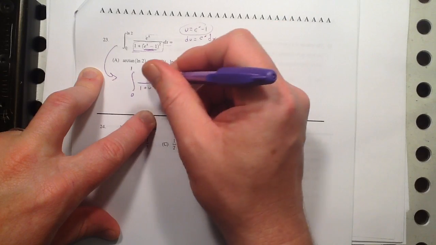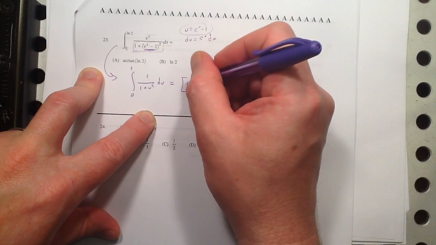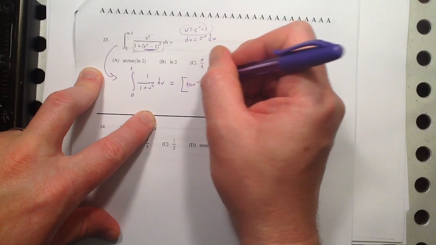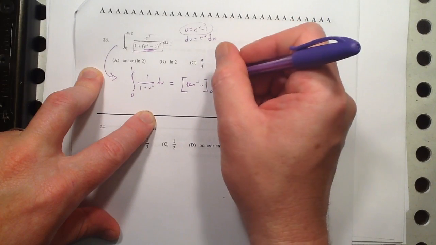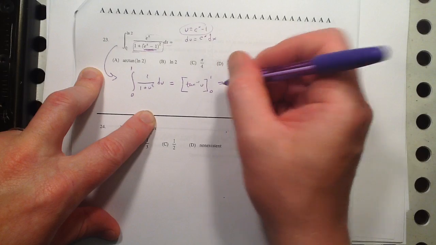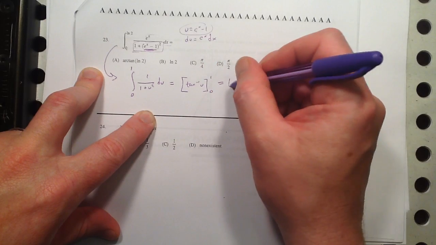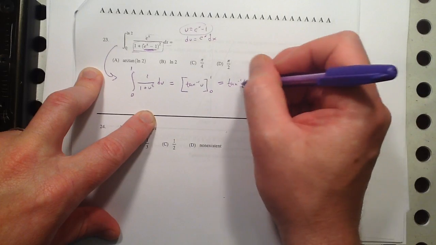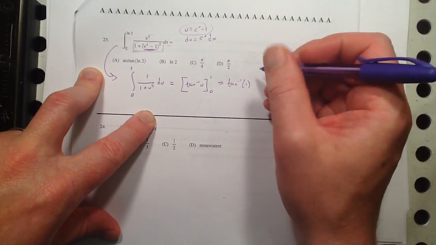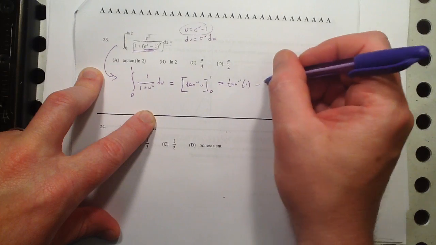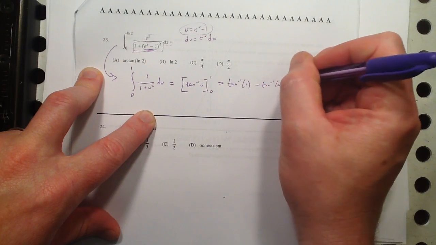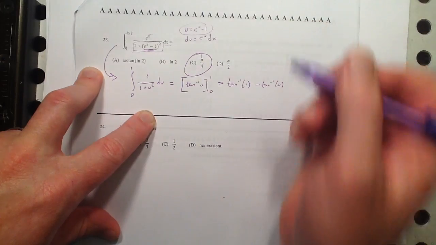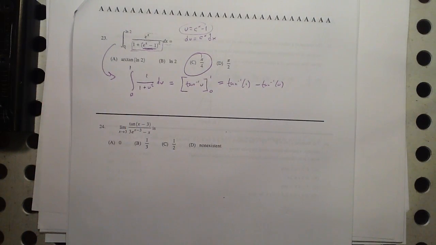The antiderivative of 1 over 1 plus u squared is the tangent inverse of u from 0 to 1. The tangent inverse of 1, that's a good thing to know. What angle gives you a tangent value of 1? Well, that's pi over 4. And then tangent inverse of 0 is 0. So pi over 4 is the correct answer.